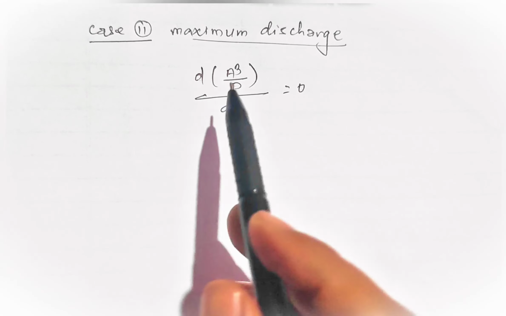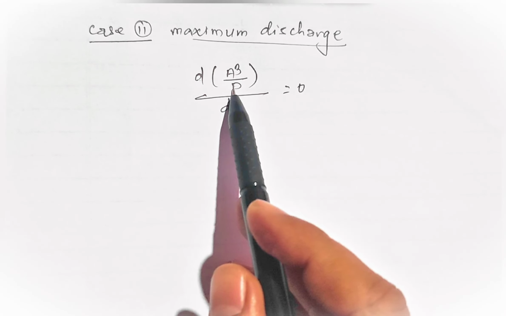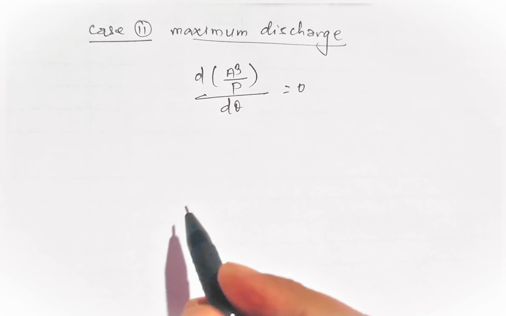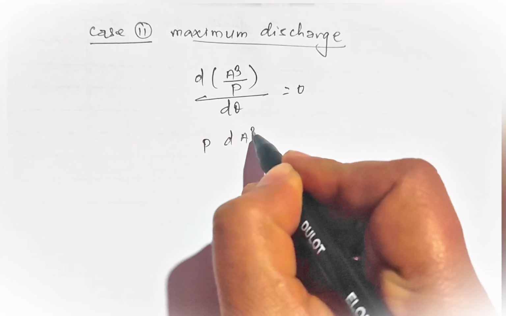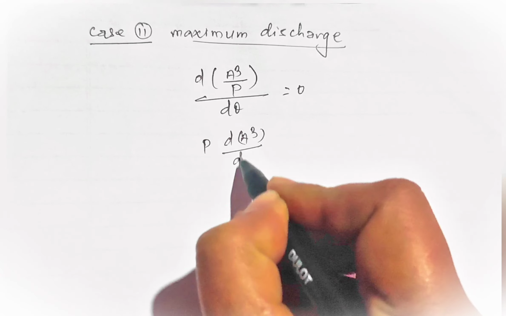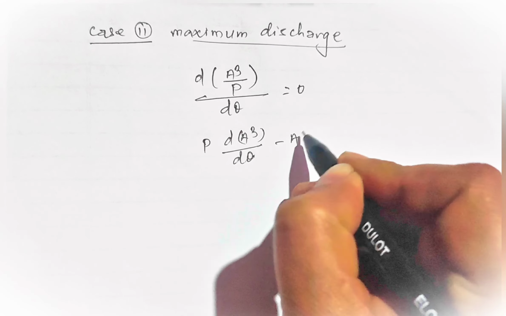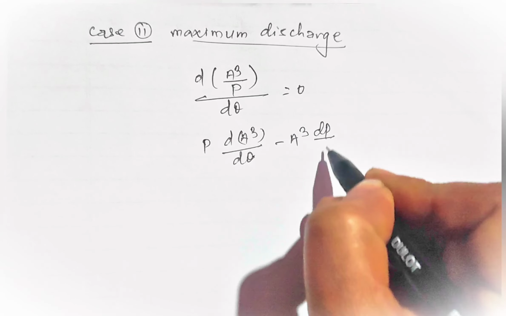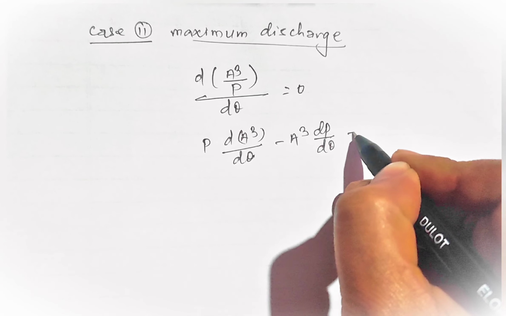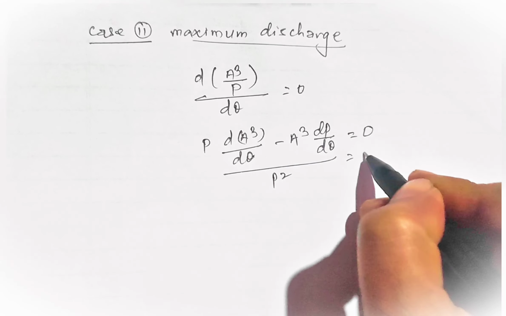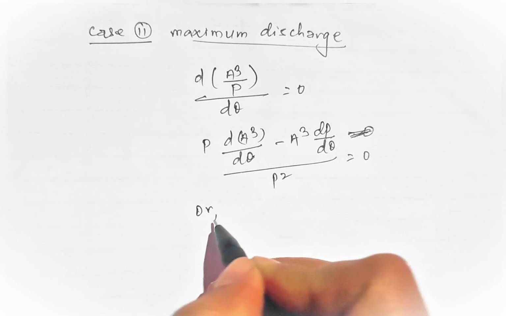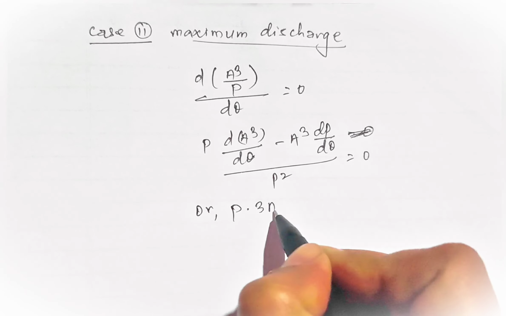Now we'll go to case 2, that is finding the maximum discharge. We'll use d by d theta of A cube by P equals 0, or P dA by d theta minus 3A dP by d theta equals 0.